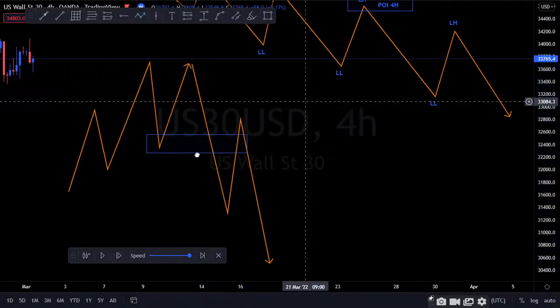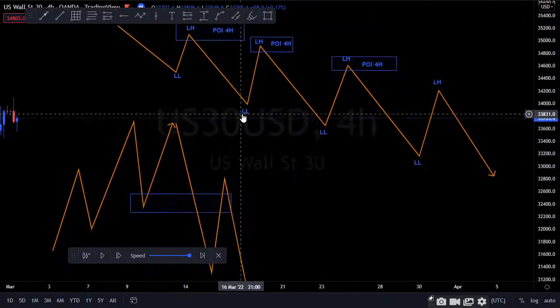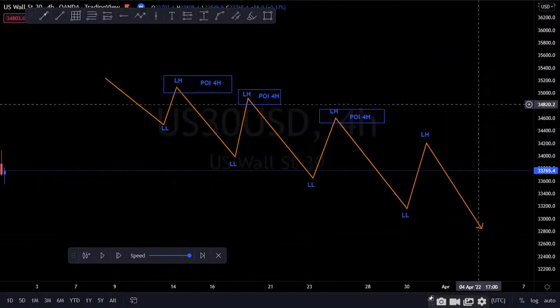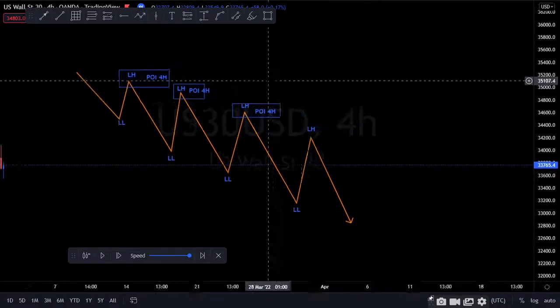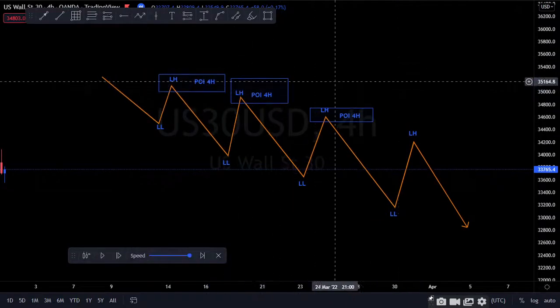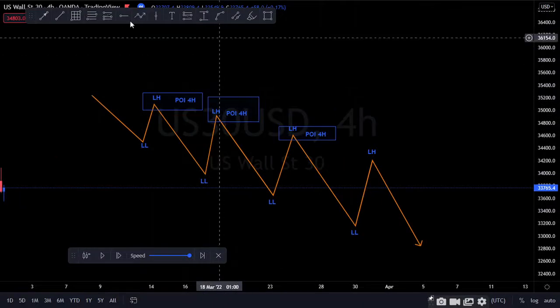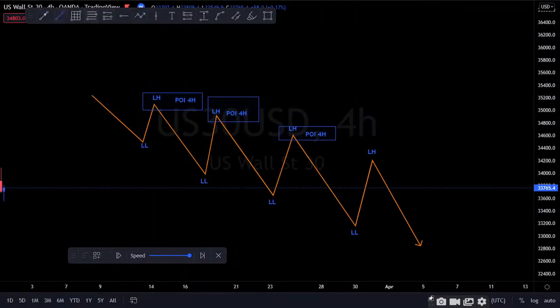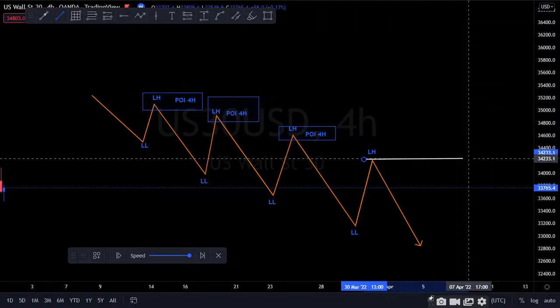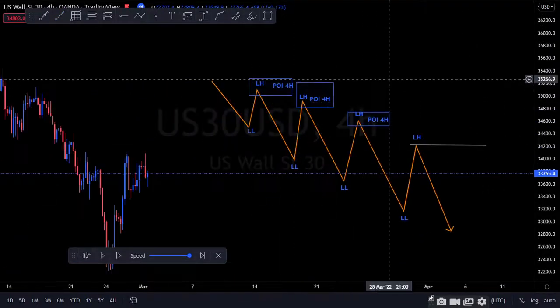Now let's go to bearish market. In a bearish market too, we can say that the structure has changed from bearish to bullish only if the last lower high is broken. So this becomes the last lower high here.